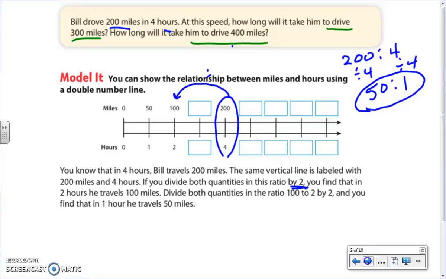So if I divide by 2, that gives me the 100, and it gives me the 2. If I divide by 2 again, then I can see that he can go 50 miles in 1 hour. And that's what I identified here as well with the unit rate of how many miles he can go per 1 hour.